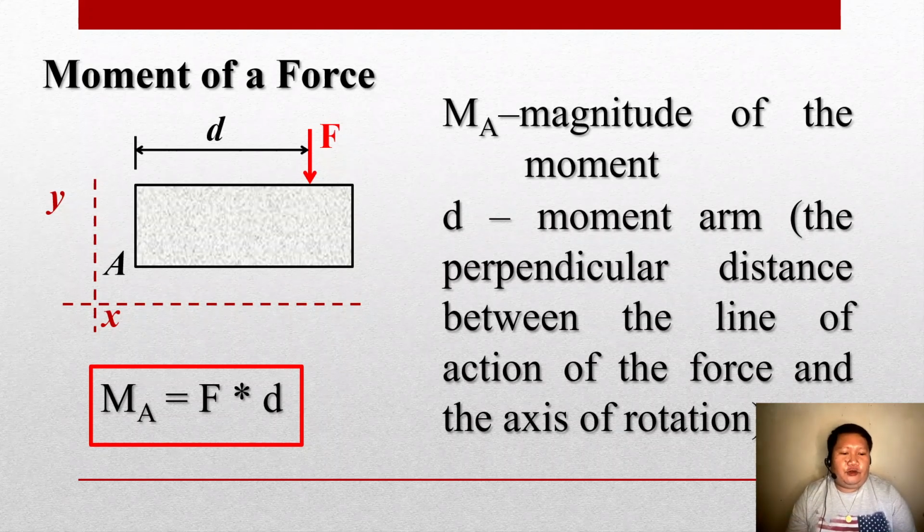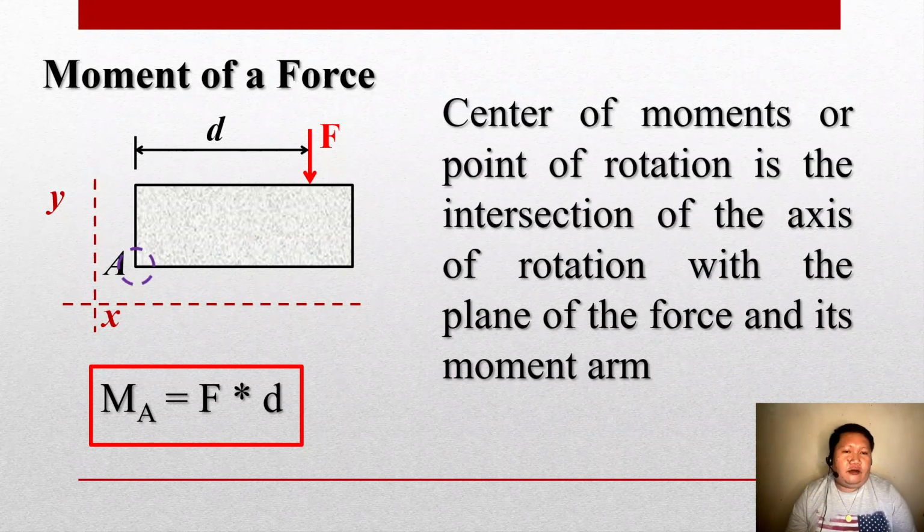Also, that portion of A, which I have highlighted, is the center of moments, or the point of rotation, and is the intersection of the axis of rotation with the plane of the force and its moment arm. So here is our pivot of the rotation for a particular force.